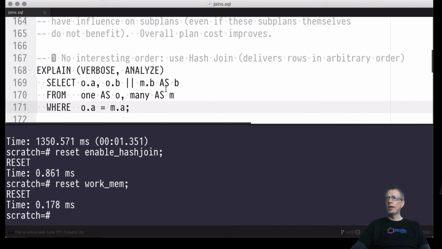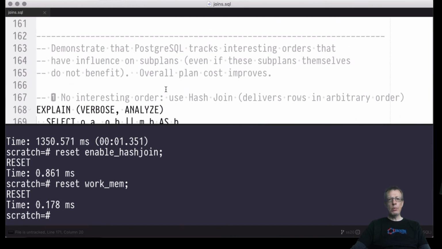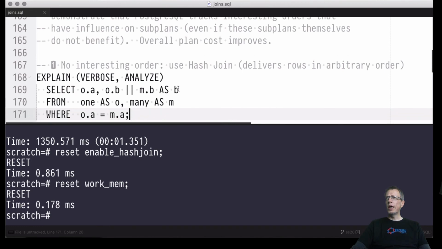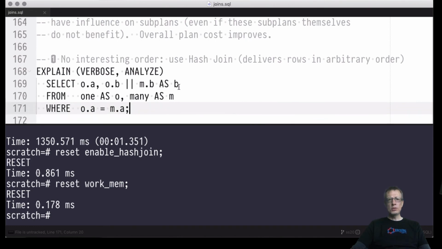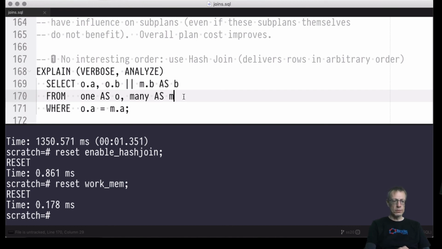I have not disabled hash join at this particular point, and as you will see, this plan will be evaluated using a hash join. Hash join delivers its rows, as we will see, in any arbitrary order. Since this query does not ask for a particular row ordering in the result, the system will pick the cheapest join operator. It's the hash join in this particular case, and that's the right thing to do.